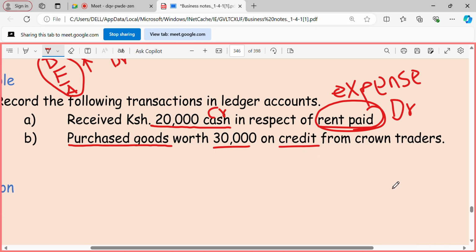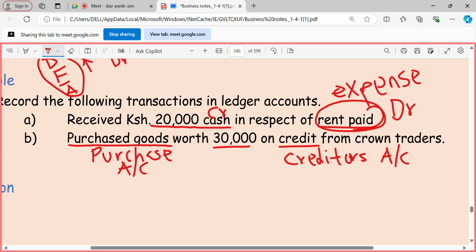Crown Traders. Now, for every transaction, there must be what is debited and what is credited. That is for the ledger, whenever you are dealing with the ledger. Okay, so anything that is purchased, the account of it must always be what? Purchase account. When you purchase something, the account will be purchase account.